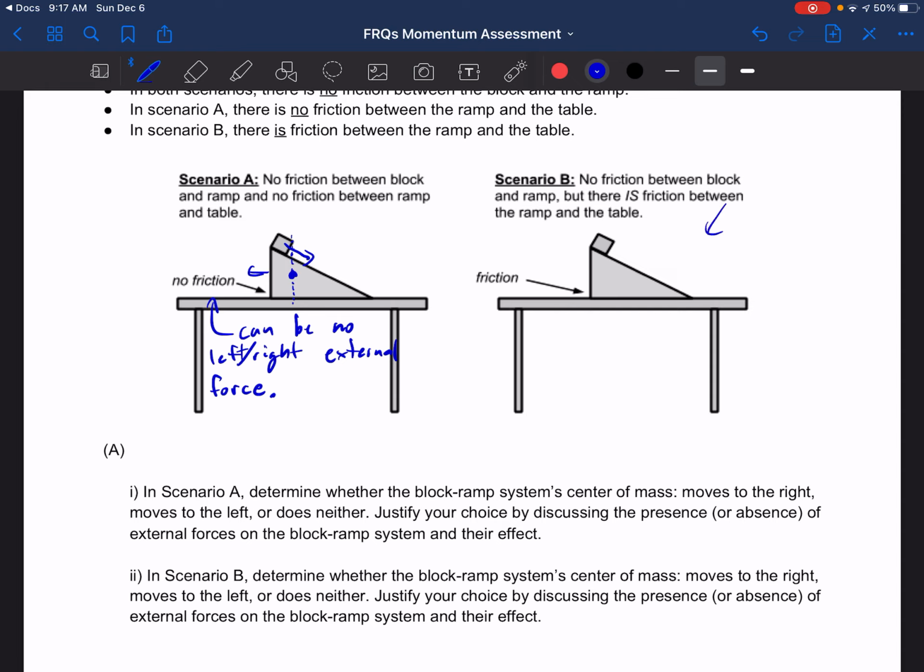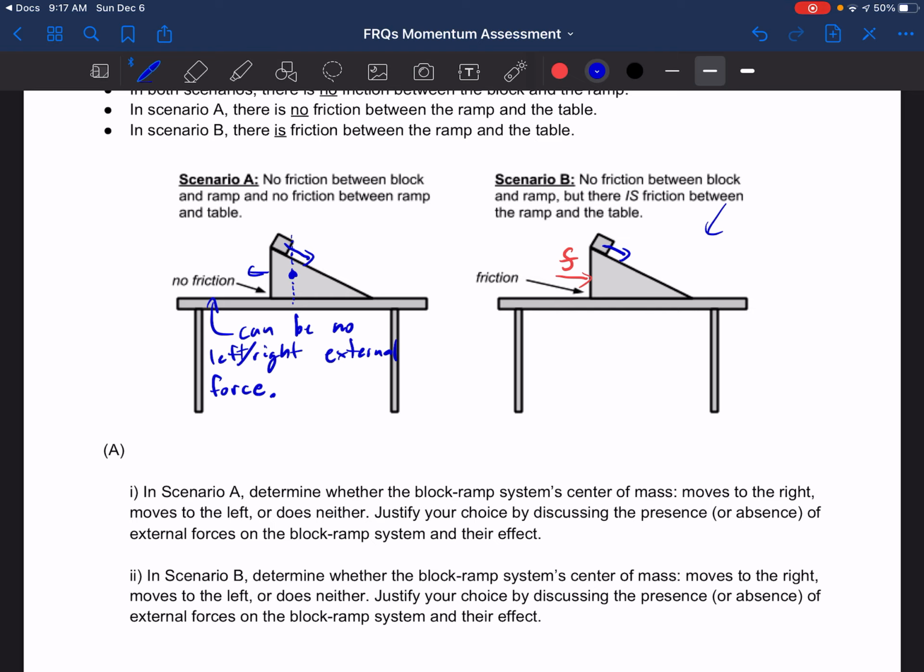But in this situation, there is external force. So here, there's friction, which means the ramp can't move to the left. As the block moves down, the ramp will want to move to the left, but it won't because there's a friction force that acts this way that holds the ramp and keeps it from sliding to the left.